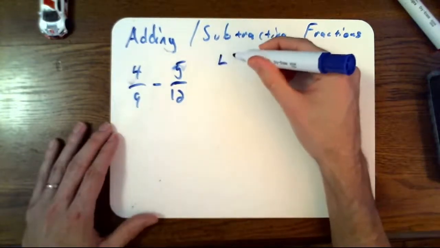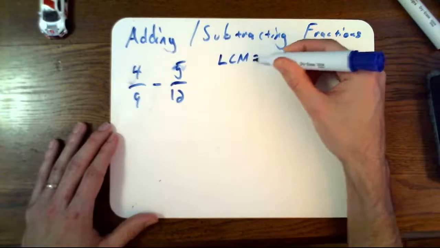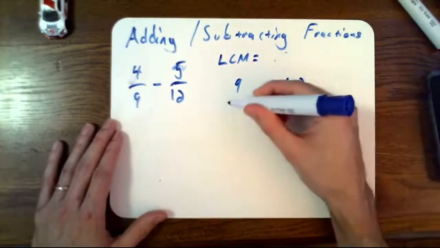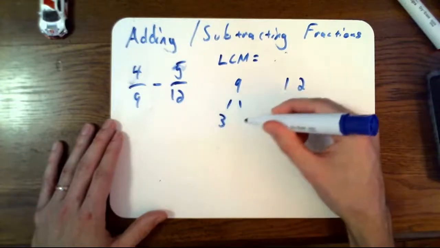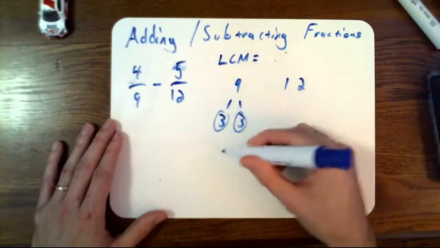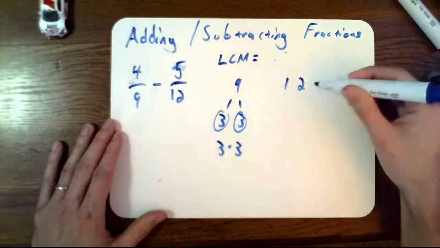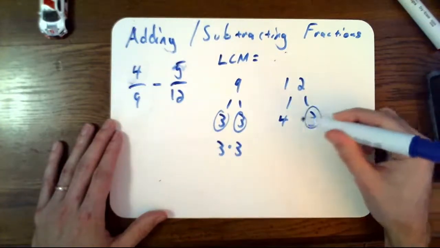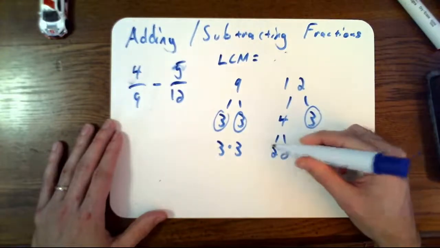To find the same denominator is finding the least common multiple. So like we talked about before, we want to find the multiples of 9, which is 3 times 3. We want to find the multiples of 12, which is 4 times 3. 3 is prime, 4 is not. So let's break that down more.